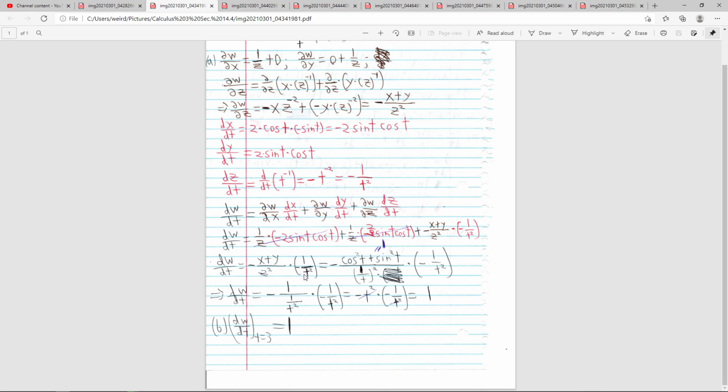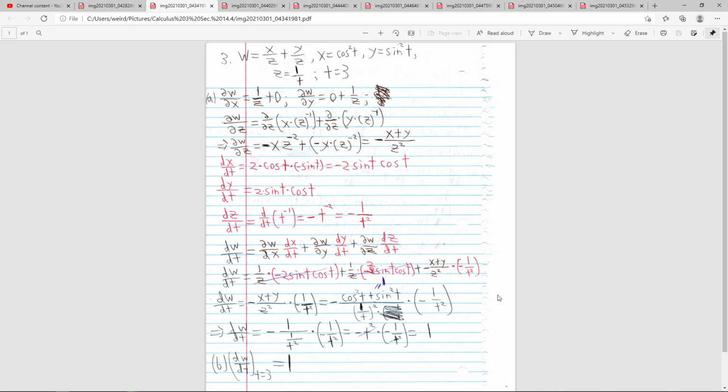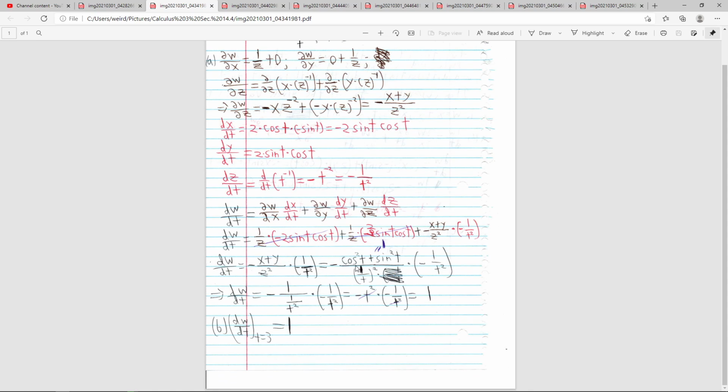So all we have is negative x plus y divided by z squared times negative 1 over t squared. I made this a little bit more complicated. But you plug in x, y, and z, you get cosine squared t plus sine squared t, all over 1 over t squared, with a negative sign, times negative 1 over t squared.